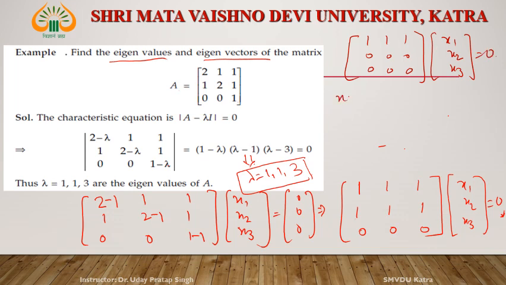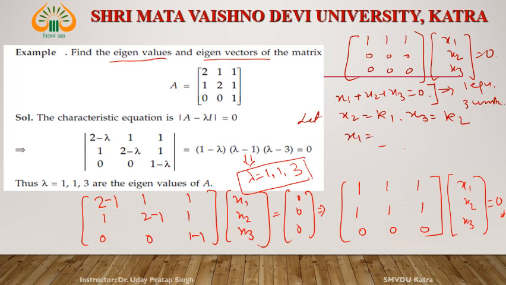It means x1 plus x2 plus x3 equal to 0. Here we have one equation and 3 unknowns, so assume 2 arbitrary constants. Let x2 equal k1 and x3 equal k2. Then x1 is equal to minus k1 minus k2.